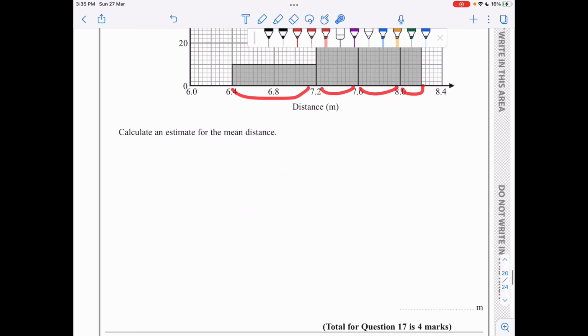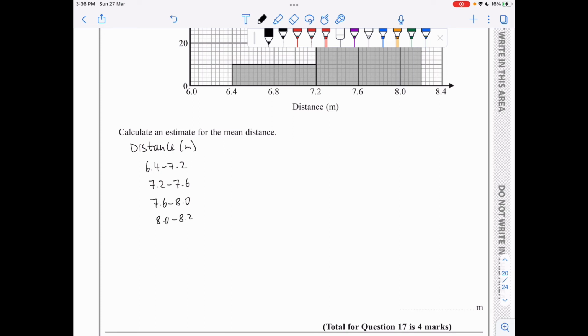And this is distance. It's 6.4 to 7.2. Then 7.2 to 7.6. Then 7.6 to 8. And then 8 to 8.2.